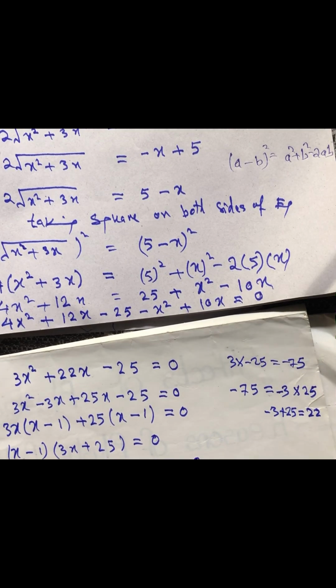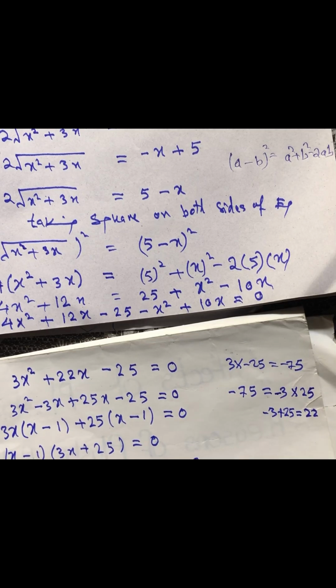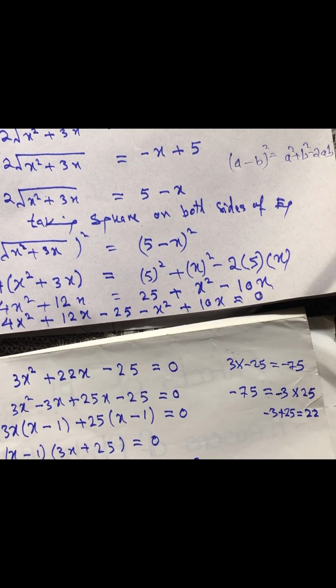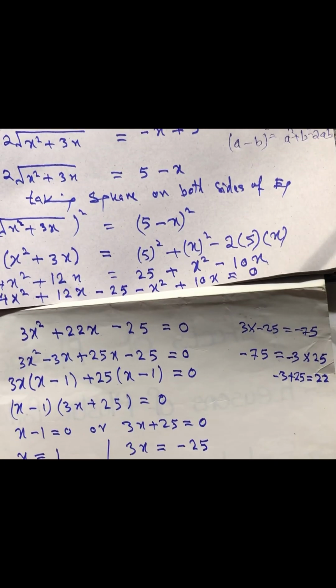Shifting minus 1 to the right hand side, it will be plus, and similarly in 3x plus 25, shifting plus 25 to that side, it will be minus 25. 3 is being multiplied.